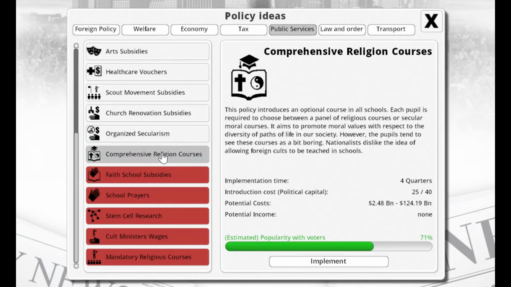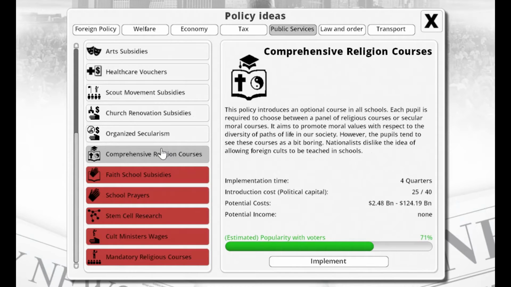What's this? Well, I do appreciate the fact that they added 2 different religions. They added Christianity, and I have to think that's Buddhism.